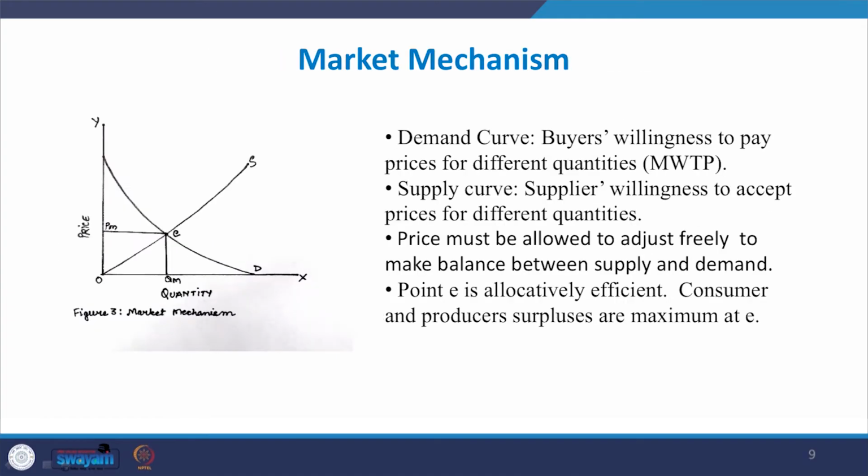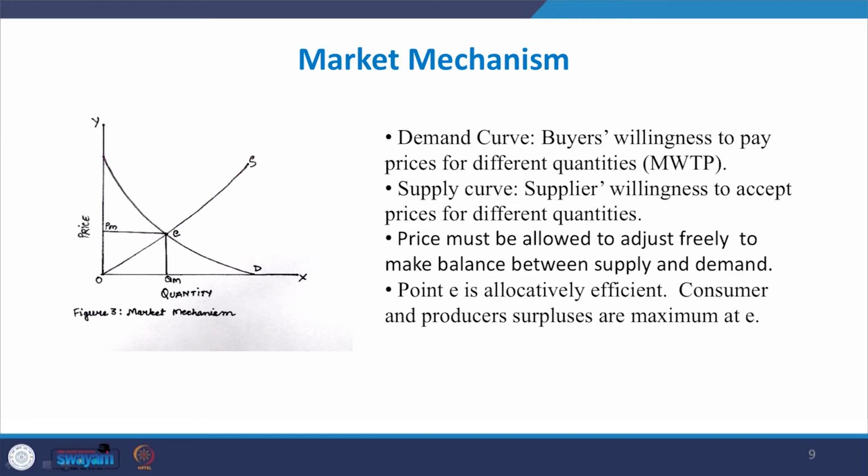Now, the main role of the market is to allocate the resources efficiently, and that is done through the market mechanism, and the market mechanism is supply and demand. So, in this graph, price is taken on the vertical axis and quantity of goods supplied and demanded is taken on the x axis.